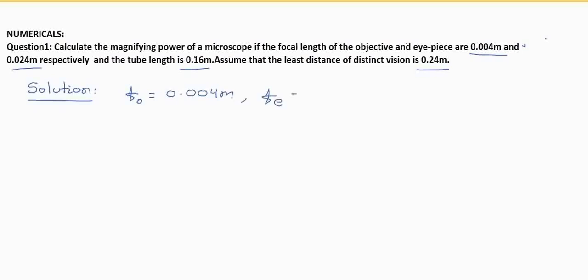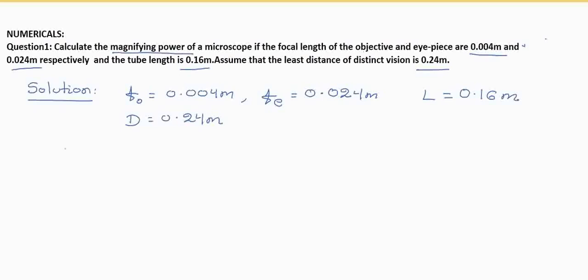FE, the focal length of the eyepiece, is 0.024 meter. Tube length L, the distance between the objective and eyepiece, is 0.16 meter. The least distance of distinct vision is actually 25 centimeter or 0.25 meter, but to make our calculation easier, it is given that D is 0.24 meter.